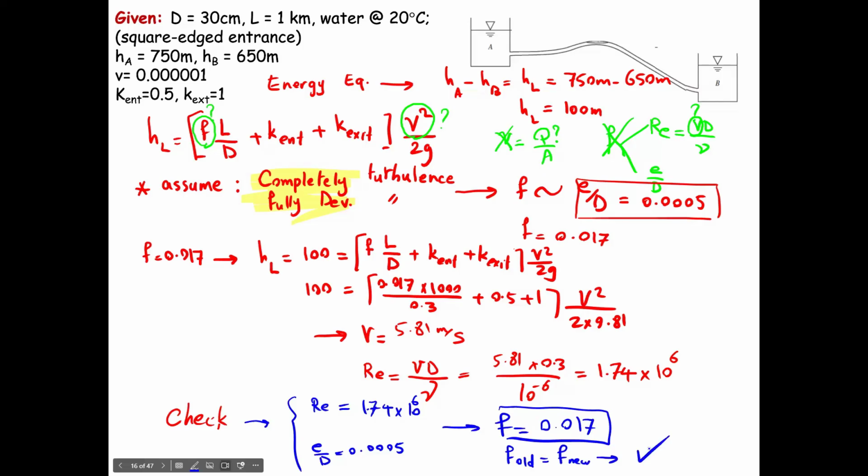In some cases, you need to make it twice or 3 times to get the new one, to make sure that your F is correct. But right now, it seems that with one step I'm done because the one that I assumed is the correct answer. But maybe you need to do 2 steps, 3 steps to make sure that you are on a correct path.